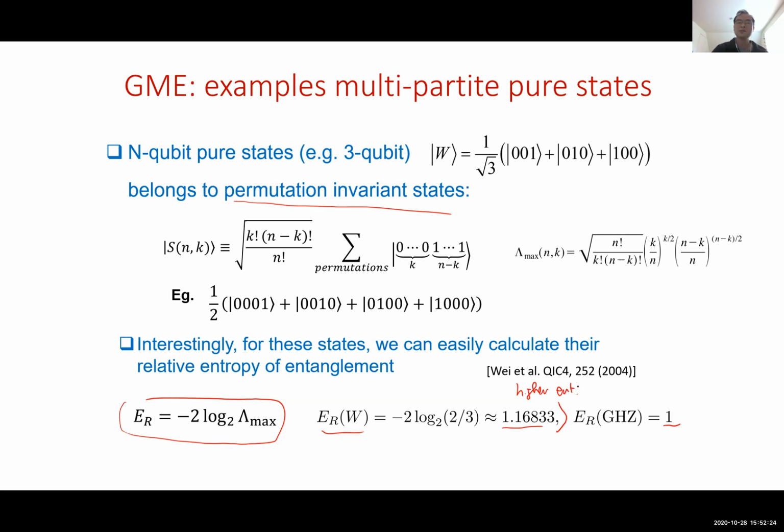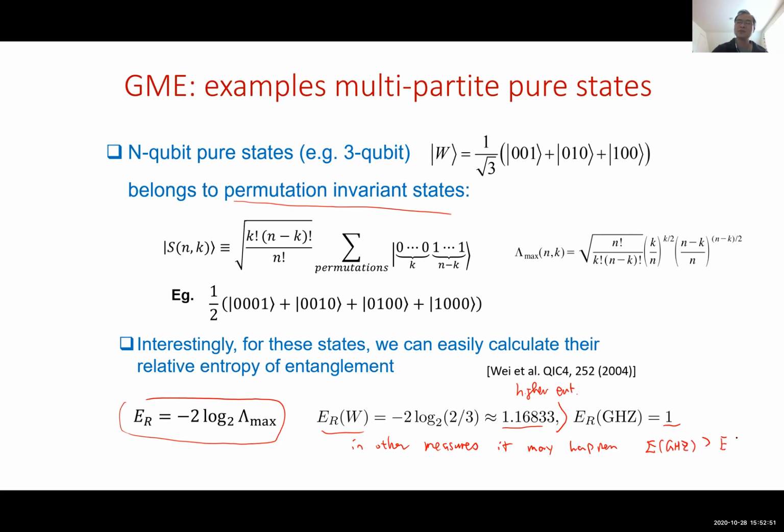Yeah. So there's also the issue of how do I compare which one is higher, which one's lower, because in other contexts, using other measures, it may happen that the entanglement of GHZ may be greater.